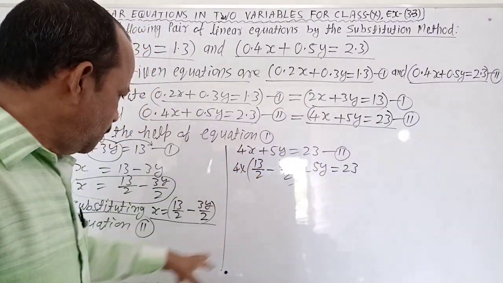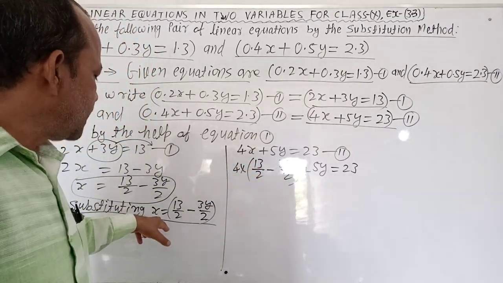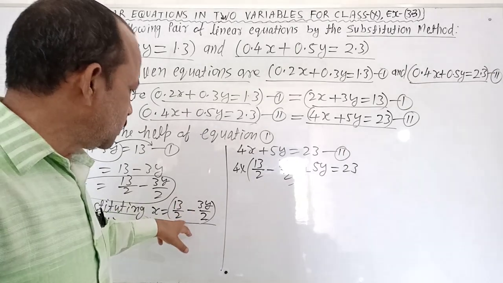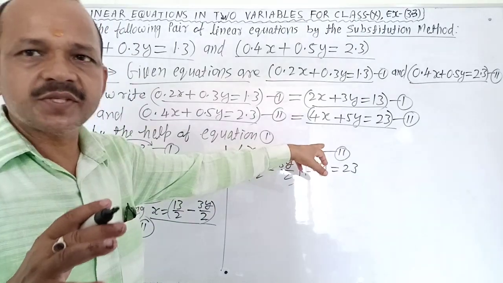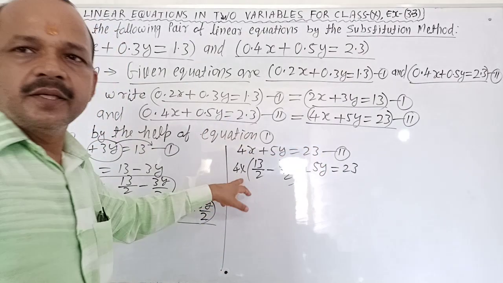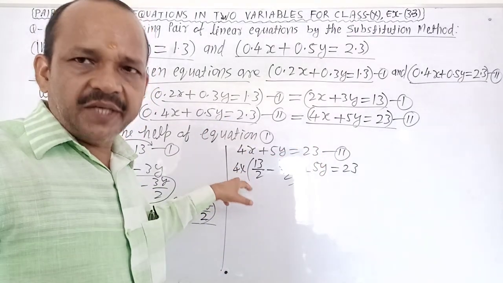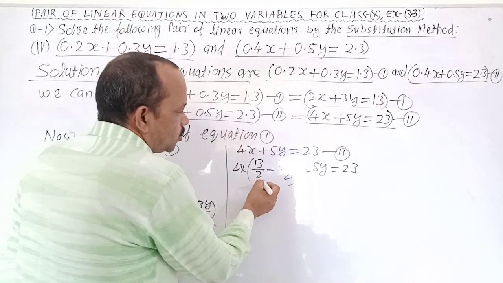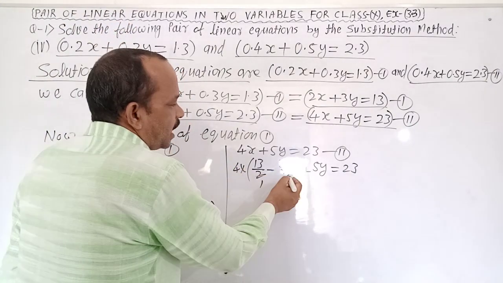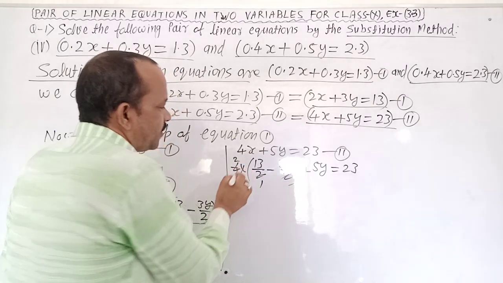It is clear? You substitute the value of x equal to 13 by 2 minus 3y by 2 in equation second. It becomes, here you can multiply or you can cut. Here 2 and 2, 2 2 is 4.